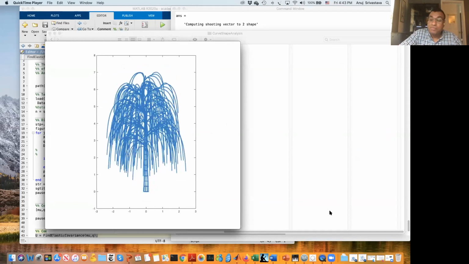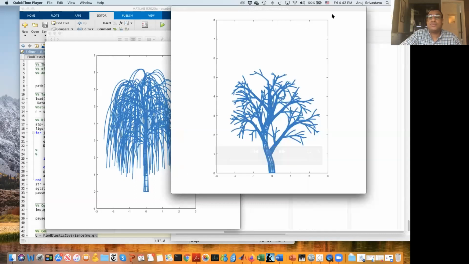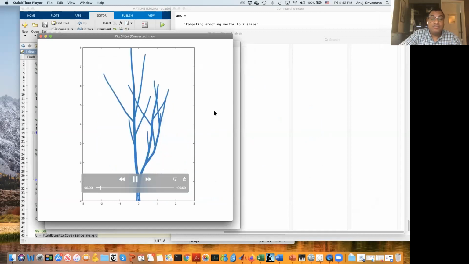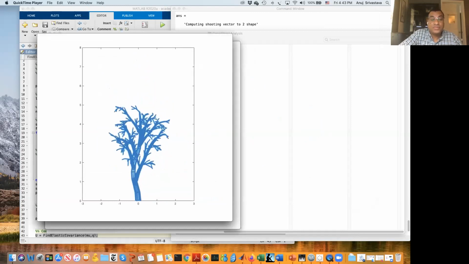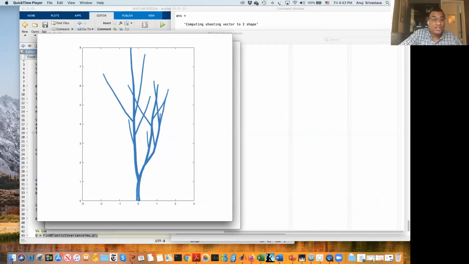These are very complex structures. I have some more examples. I want to deform this tree into other trees. This is a very complex calculation. A lot is going on there.